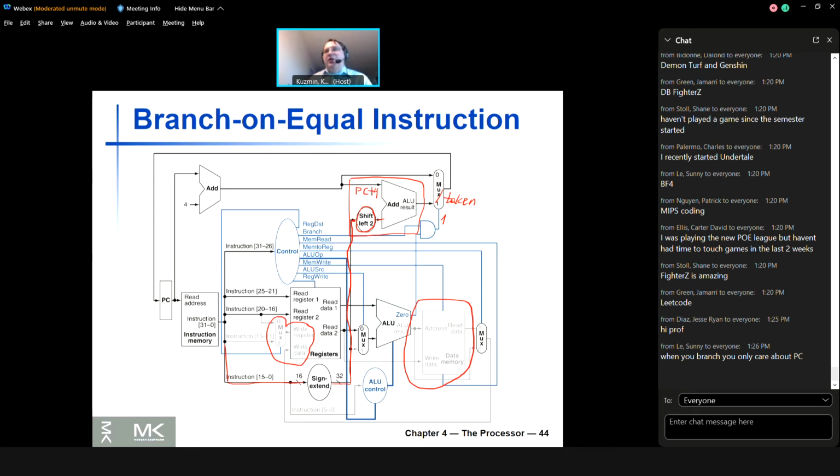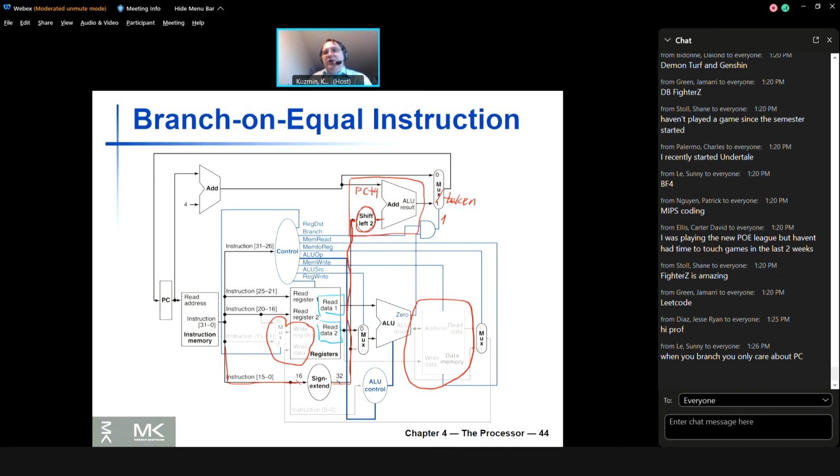There's nothing to write, right? If we have taken the branch, that's the only action. Nothing to write back, but just by the meaning of this BEQ instruction, when you branch, you only care about PC. Well, you also care about the values that you read from the registers, right? So read data 1, read data 2.